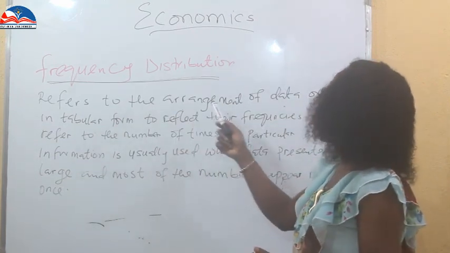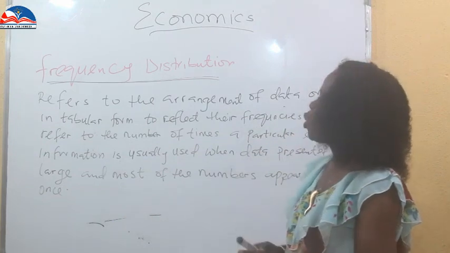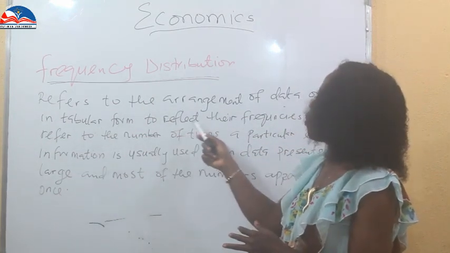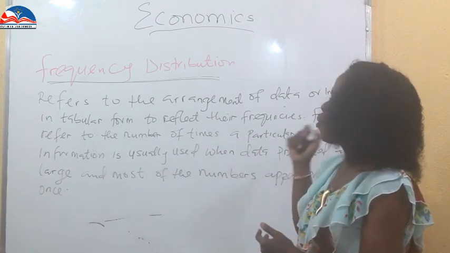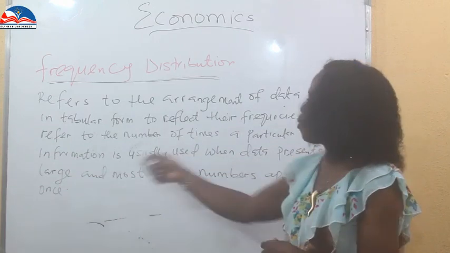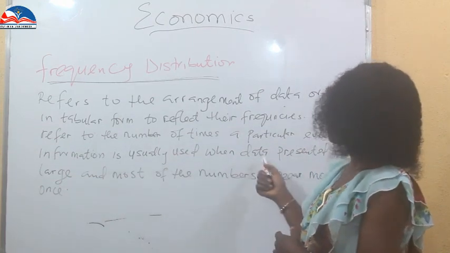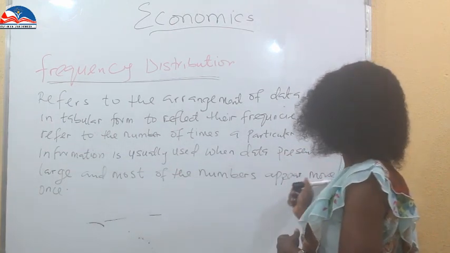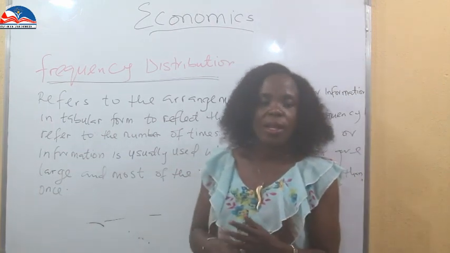It refers to the arrangement of data or information in tabular form to reflect their frequency. Frequency refers to the number of times a particular event or information occurs. It is usually used when the data presented are large and most of the numbers appear more than once.